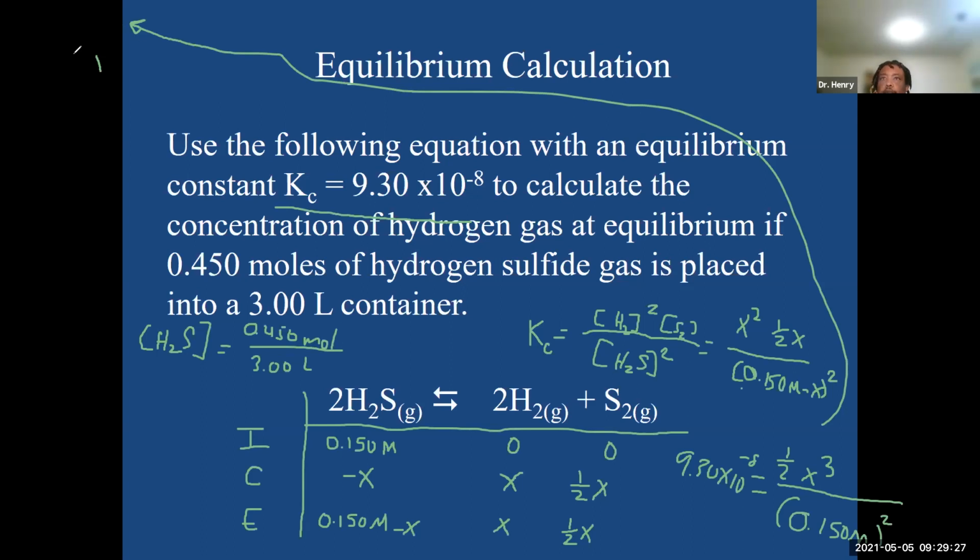Okay, so then I end up with x cubed equals, let's see, 4.18 times 10 to the minus 9.